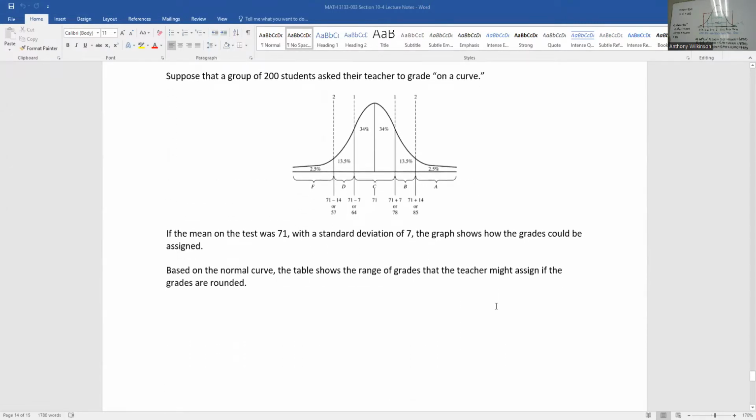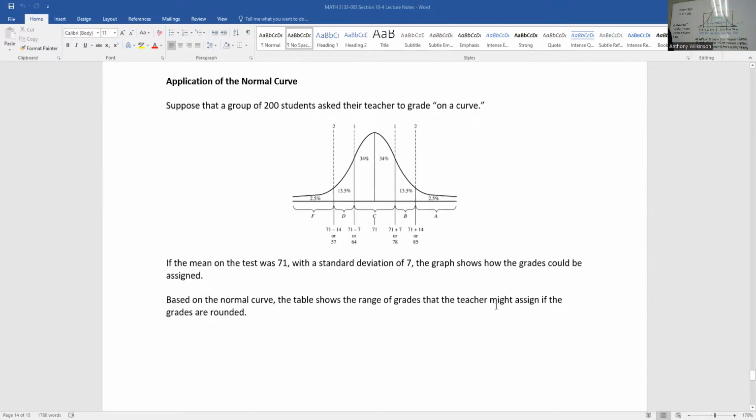Okay, now here's some applications of the normal curve. Now let's say that a group of 200 students ask their teacher to grade on the curve. So when you're asking your instructor to give a grade on the curve, this is what they're talking about right here.